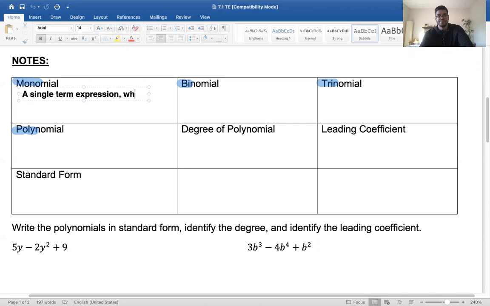Which can be a number or a variable or the product of a number and variable.